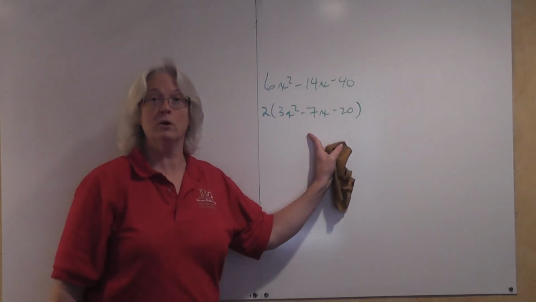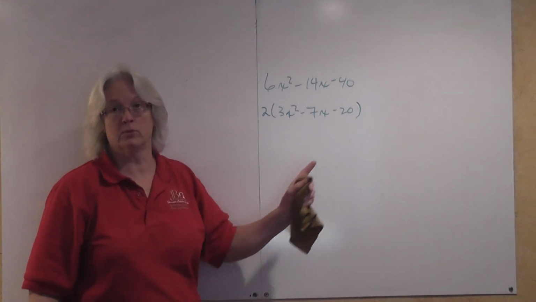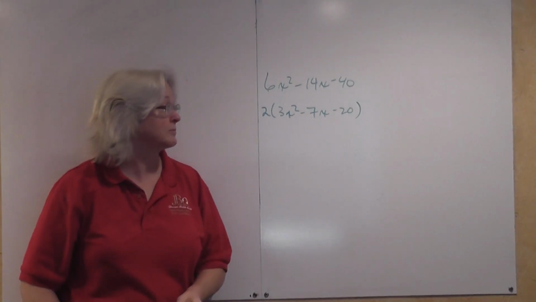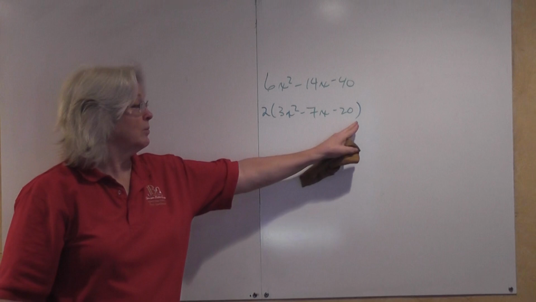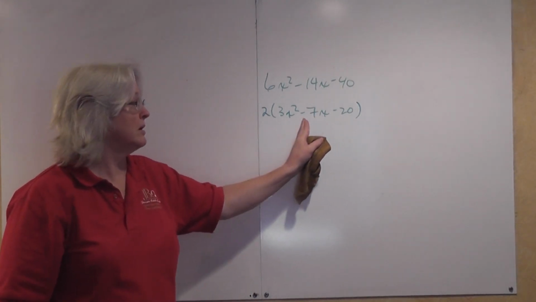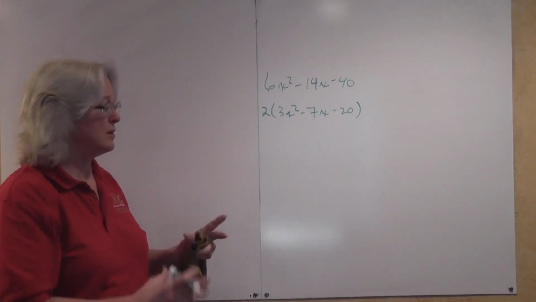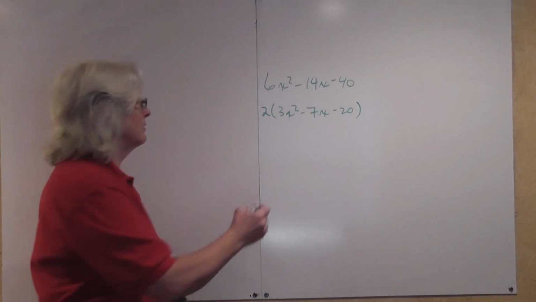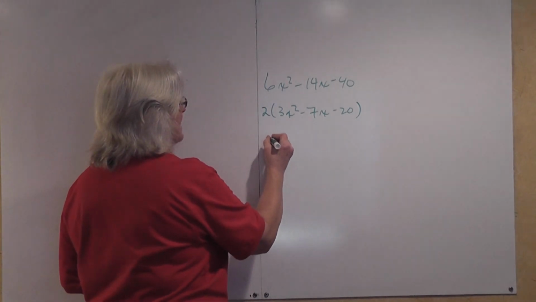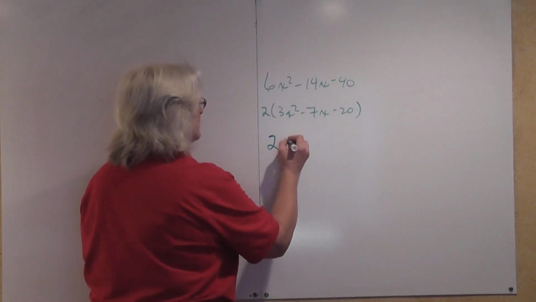We have no more common factors because we have even and odd numbers in there. There just isn't a common factor. So now we are going to factor this trinomial, 3x squared minus 7x minus 20. We know that factors into a binomial. Do not fail to add this first factor. Don't forget to add your common monomial factor.